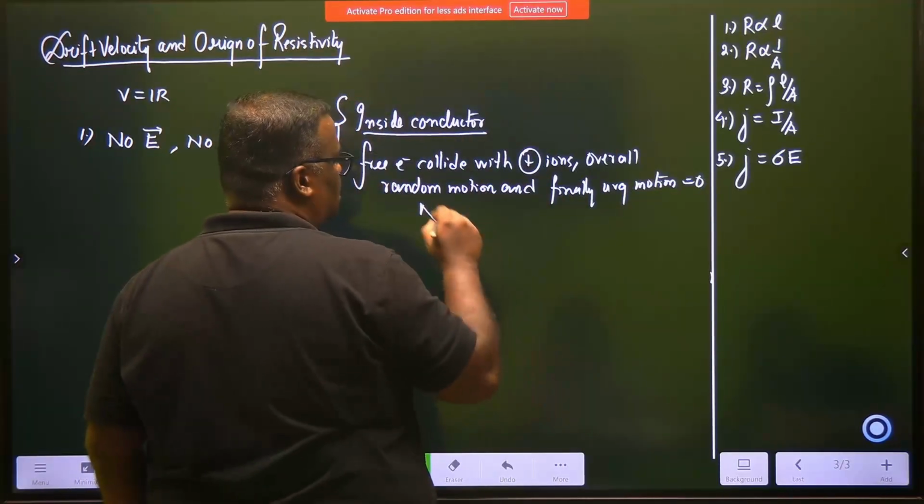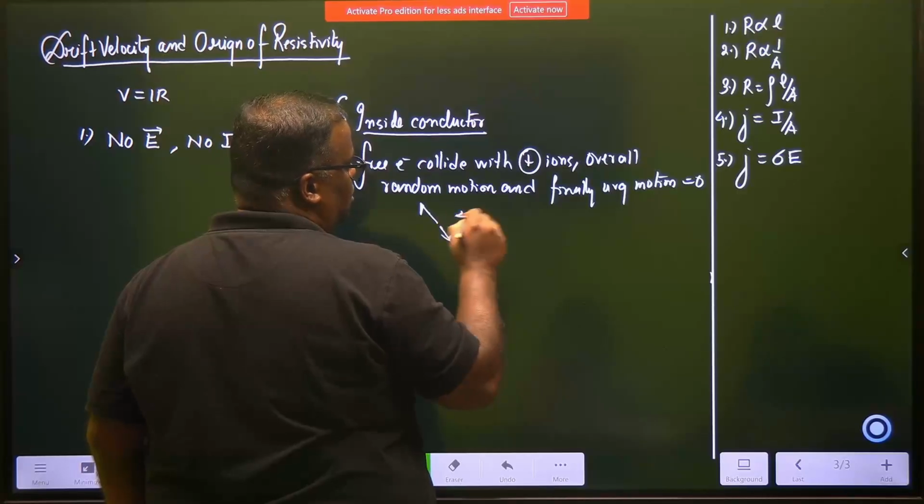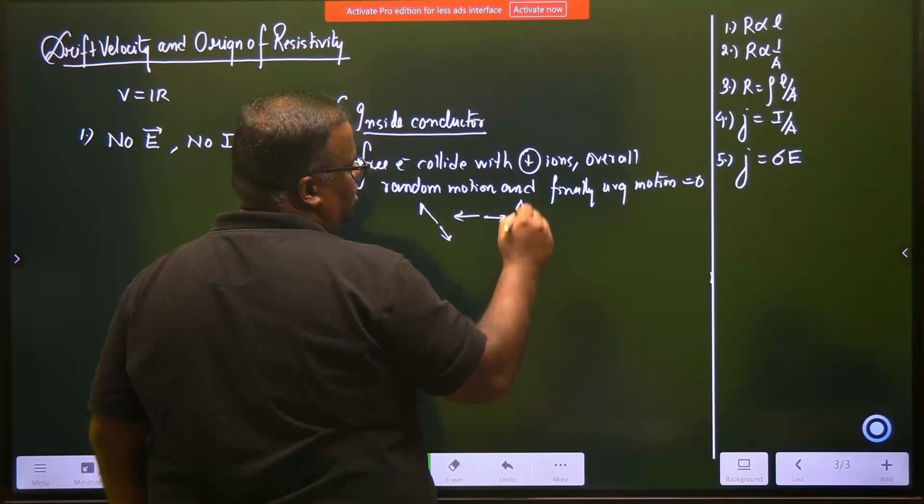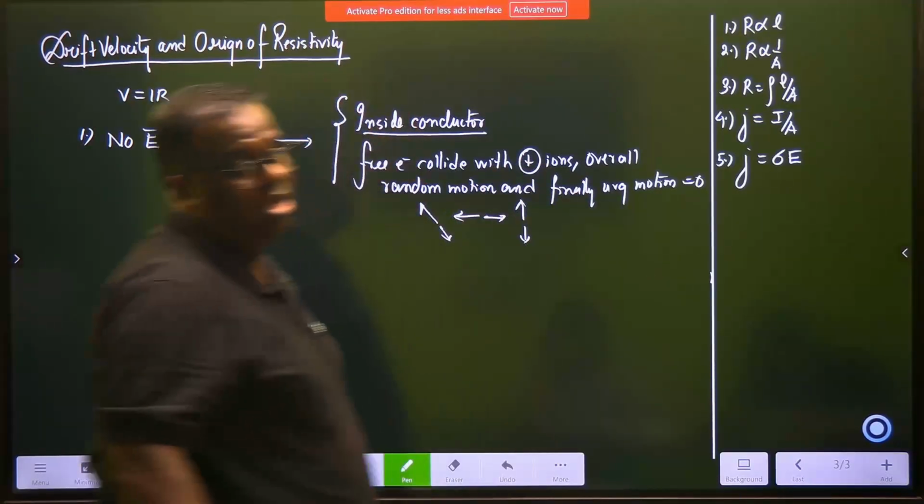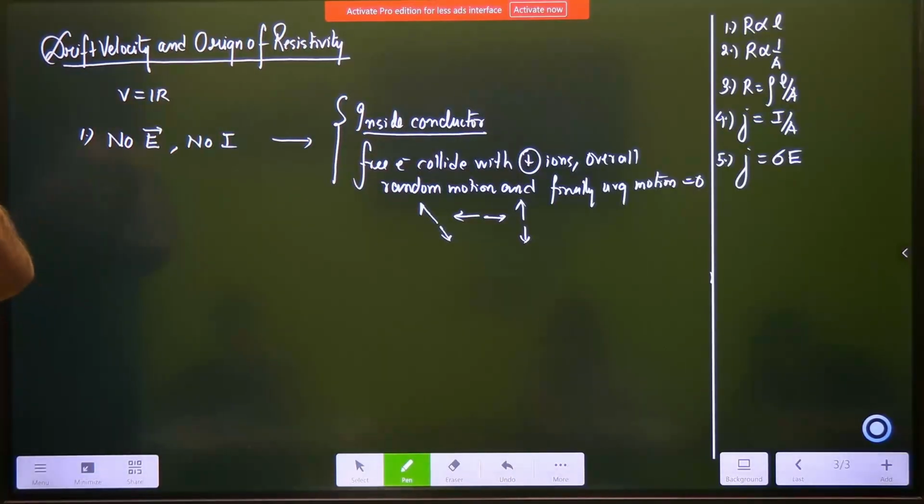Means somebody is going this way, somebody goes this way, collides, somebody this way, somebody this way. This is what it is: average motion becomes zero. Understood?